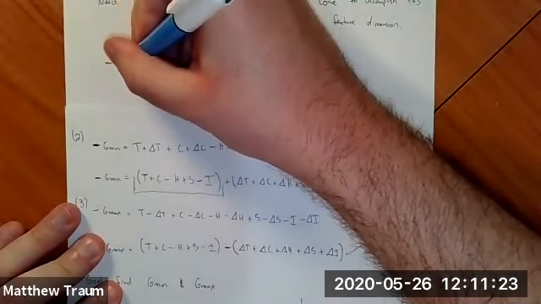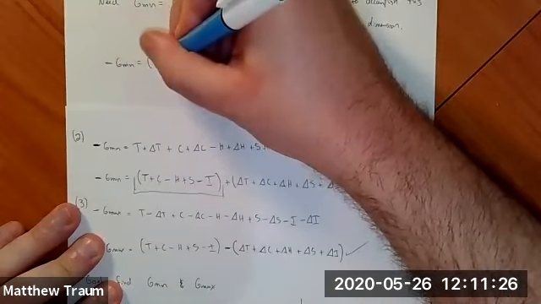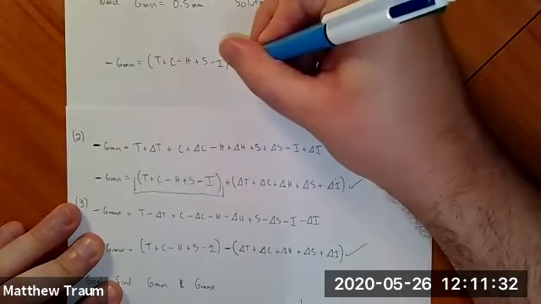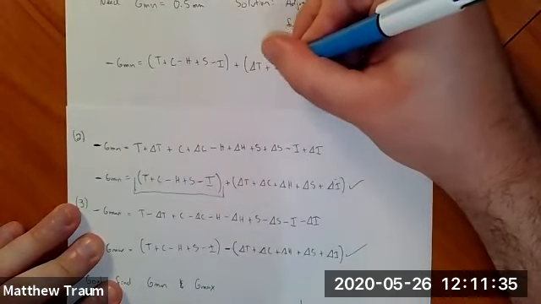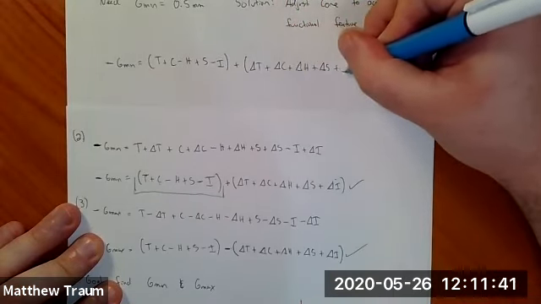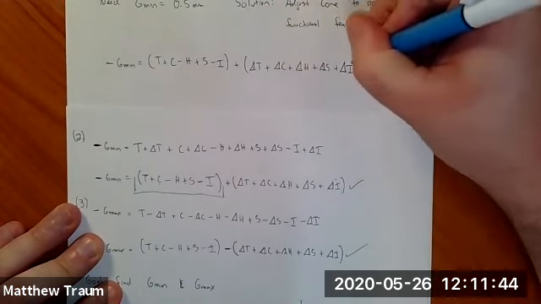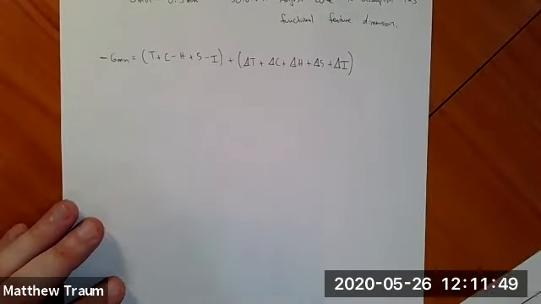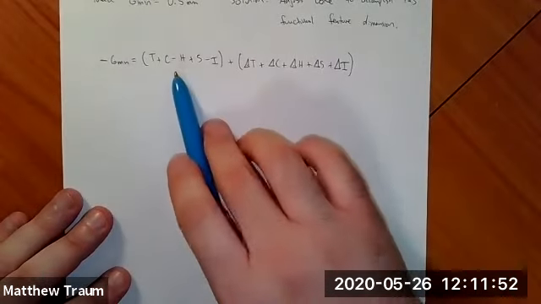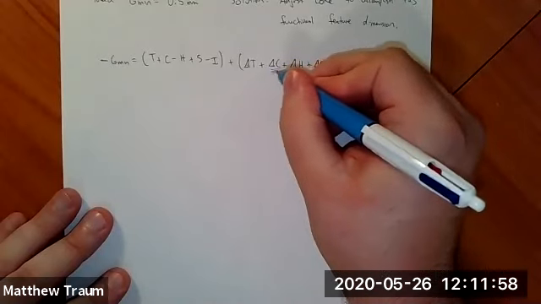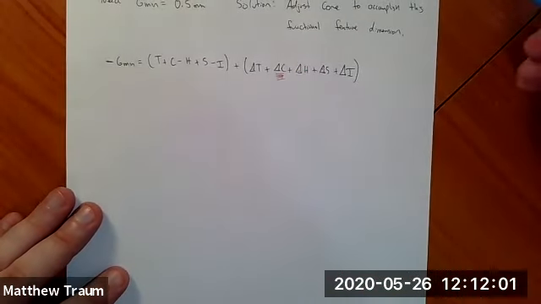We know that minus G min is equal to T plus C minus H plus S minus I, plus delta T plus delta C plus delta H plus delta S plus delta I. Here's that same equation again. I am not going to mess with any of the nominal dimensions, and the only tolerance that I'm going to mess with is the core tolerance, because that's the one that I'm selecting to change.